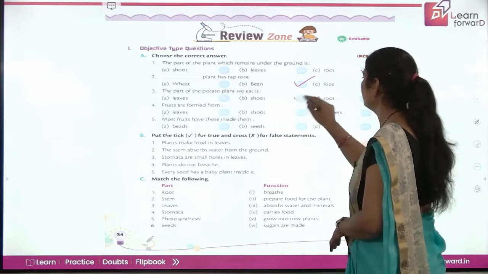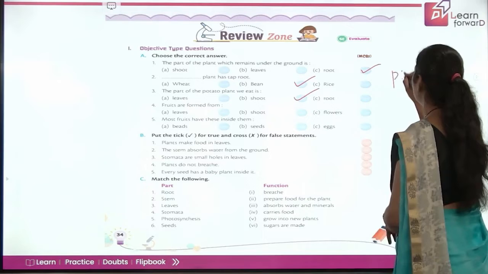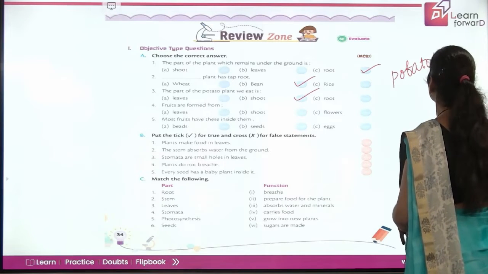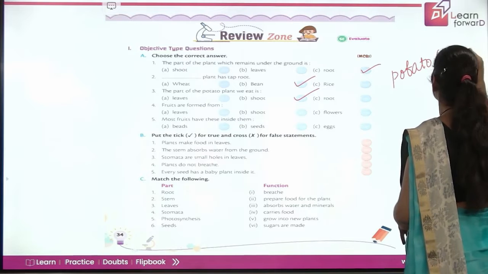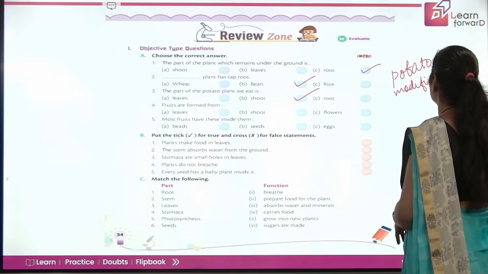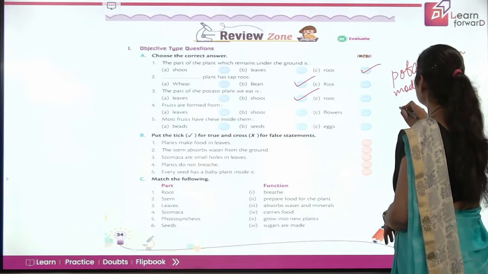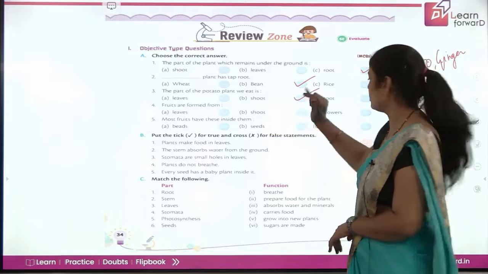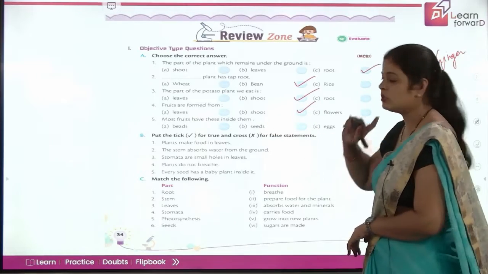It is stem. Okay, I am writing over here. Potato is modified stem. Potato and ginger, these are modified, means changed stem. And stem is the part of shoot, not root. So here the correct answer is shoot, not root.